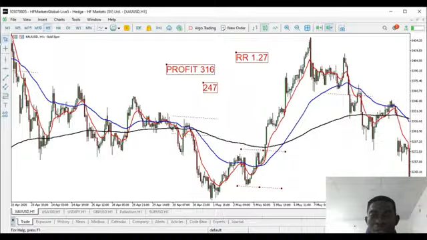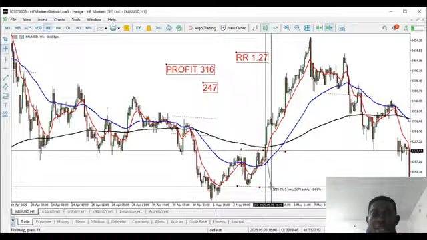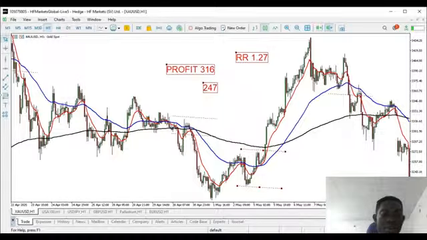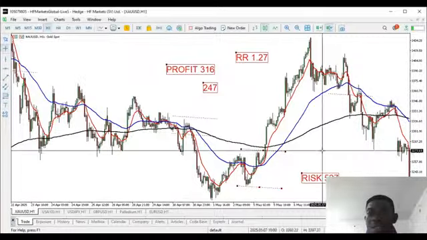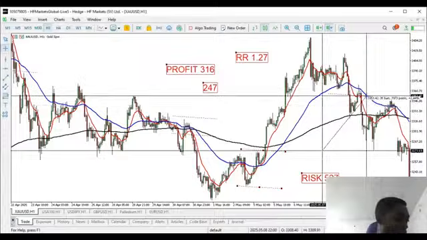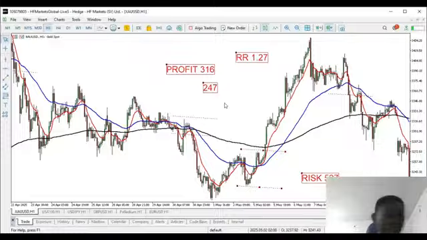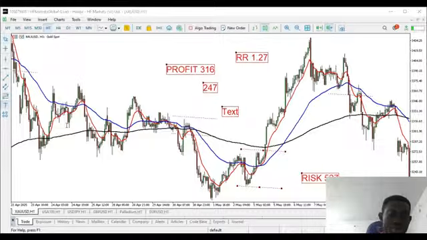So this one now, 527 pips is your risk. And then your profit will be 815 pips.